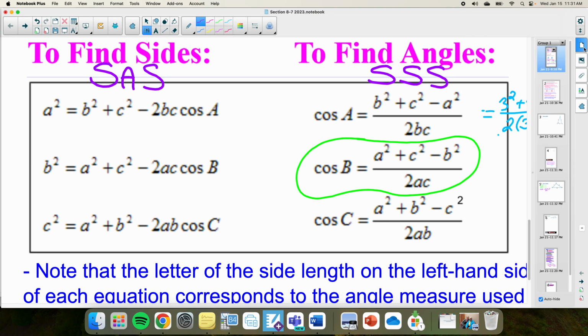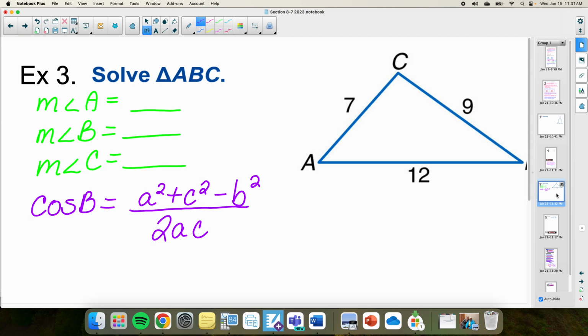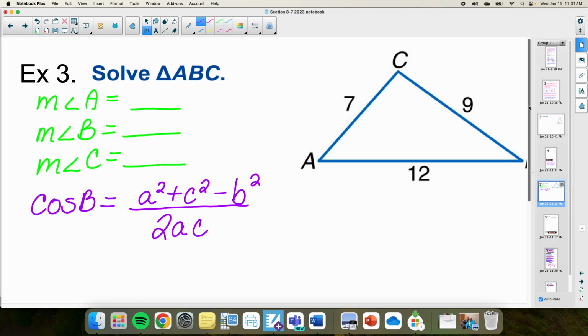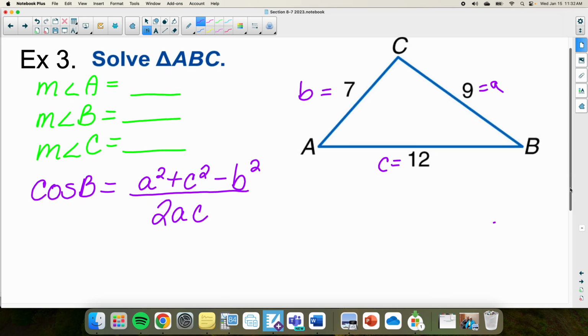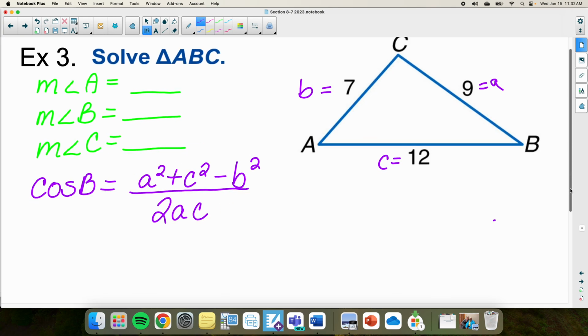Okay, perfect. All right, so now we're just going to plug in what we know. Do you guys get that this is my little c, this is my little a, and this is my little b? I find that just by using opposite sides: little a is across from angle A. Now I'm going to substitute in what I know.